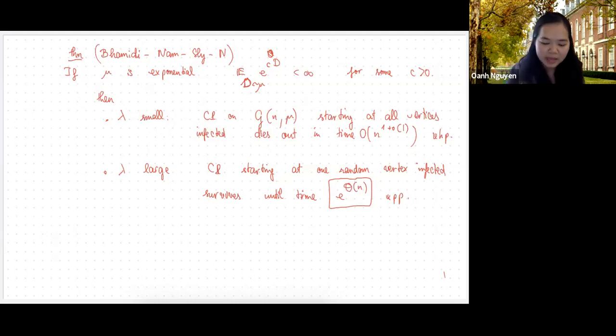And the reason being that at any time, the chance that all of these n vertices are in fact healed is e to the minus cn for some constant c. And let me explain this after this, but assume.